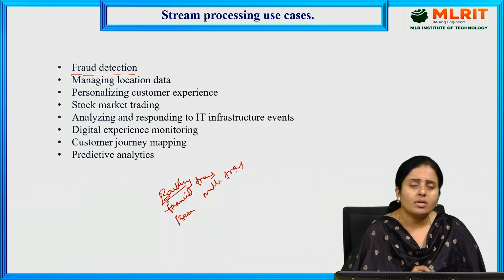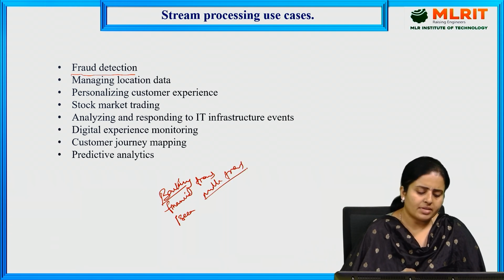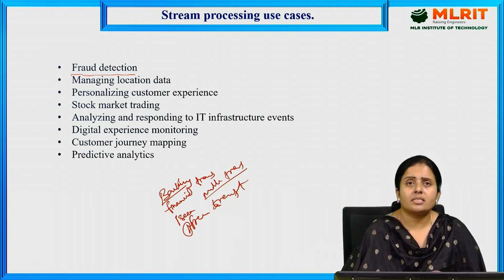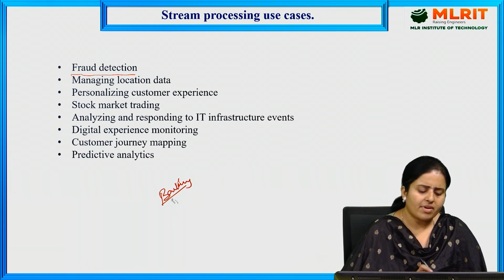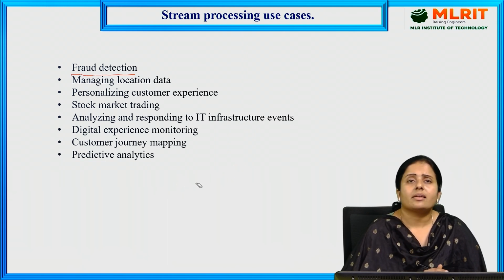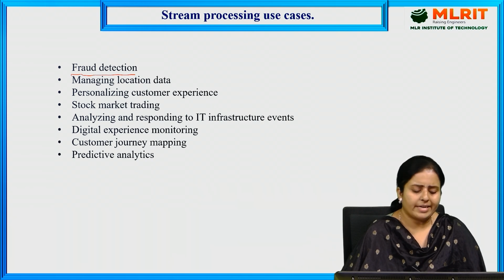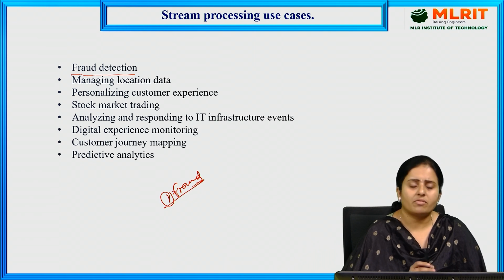Finding one fraud transaction among those millions is very challenging. With stream processing technology, by collecting the continuous transaction details, we can find that one fraud transaction. This is mainly used for that purpose.